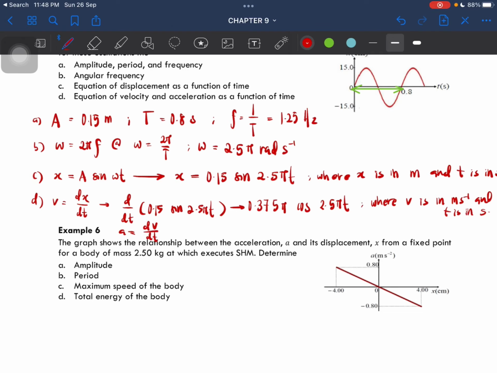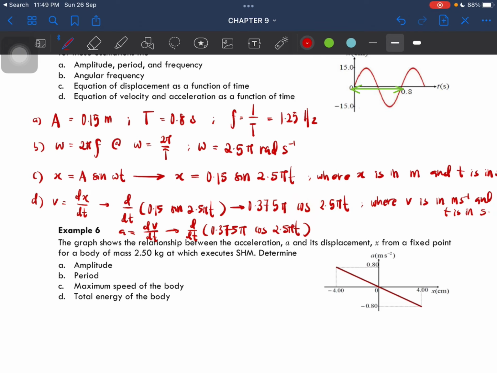Okay, right, so do the same thing for the acceleration, but this time it is the rate of change of velocity. So we will differentiate the equation of velocity in terms of time. So remember, when differentiating, we just bring forward the value in front of t, then differentiate the cos.